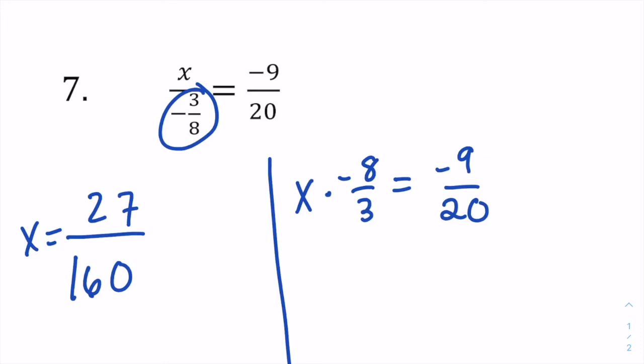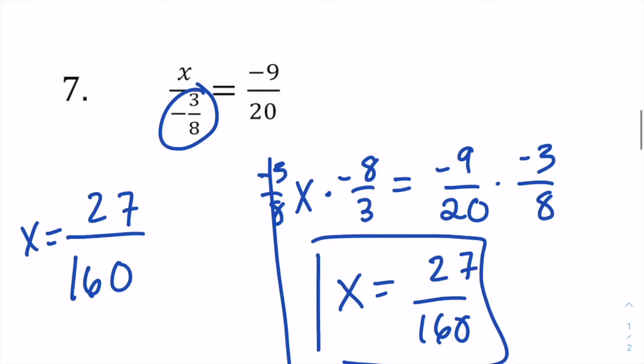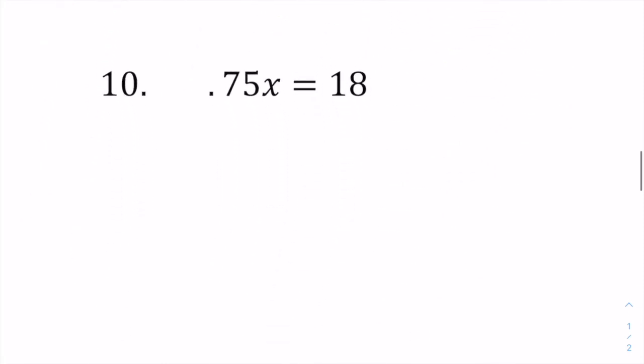Well, now, because we have negative 8/3, we still want to multiply by the reciprocal, which would be negative 3/8. And we're going to multiply by negative 3/8. So in either sense, you're going to be multiplying by negative 3/8. We get x, and then we get 27/160. Terrific.